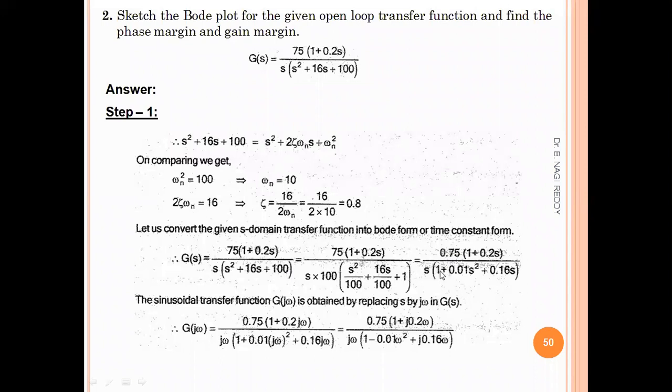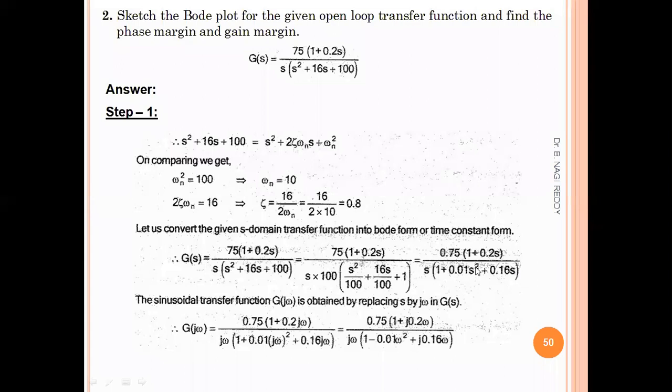So 0.75 into 1 plus 0.2 s by s into, now you can see 100 by 100 is 1, right? So 1 plus, now you can see the s square term coefficient is s square by 100, right? So s square by 100 means 0.01 s square. Similarly here 16s by 100, that means 0.16 into s.